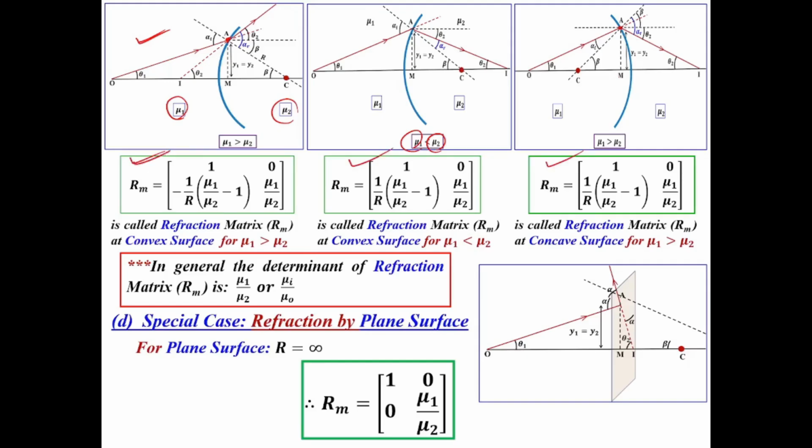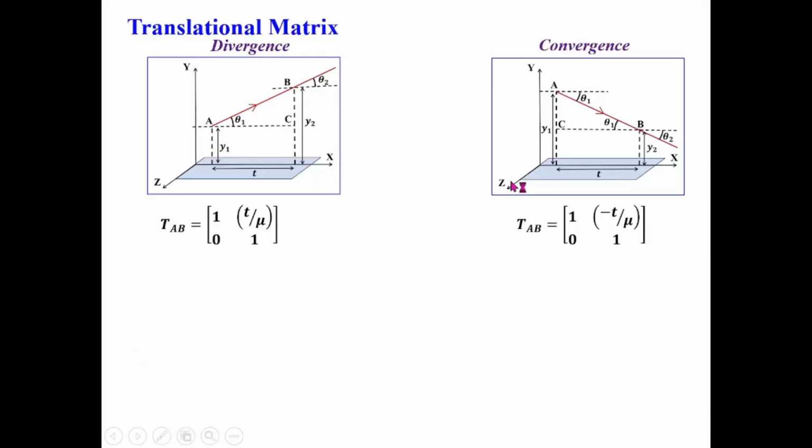You just find out its determinant. If I consider its determinant, the value is mu1 by mu2. For this case also mu1 by mu2. For this case here 1 into mu1, this is 0, so obviously the second part will be 0, so mu1 by mu2. So for each case, whatever refraction matrix we consider, its determinant will be mu1 by mu2. Okay, now consider the translational matrix.